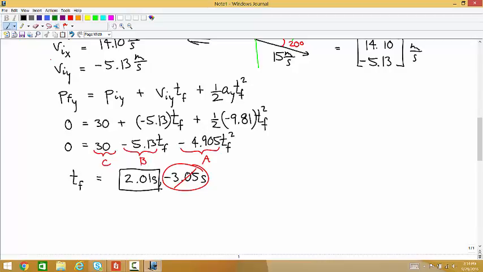You have a number multiplied by the variable, that's B, and then you have a constant, C. And the quadratic formula says negative B plus or minus square root of B squared minus 4AC all over 2A. So you just plug those numbers into this formula, and it'll give you two answers because of the plus and the minus. And in this case, we want to take the positive one.